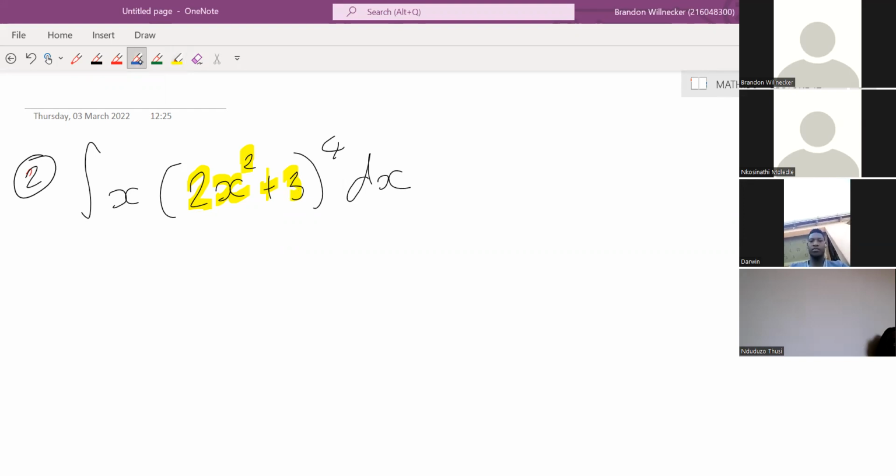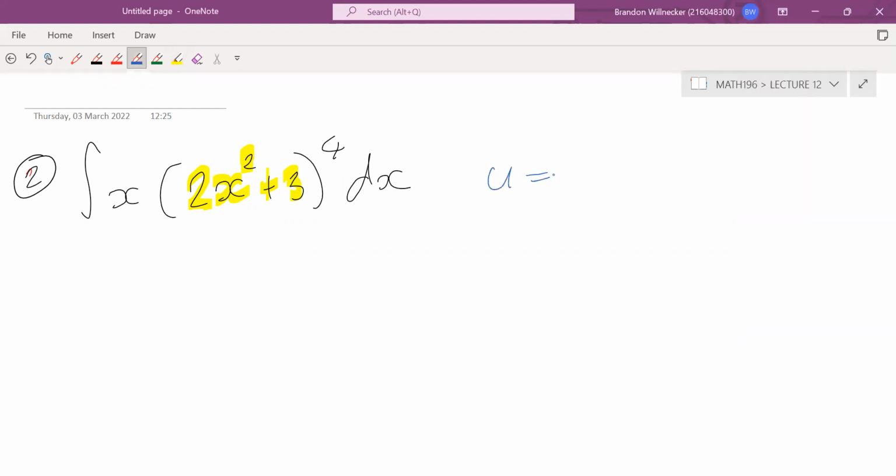So this gives us the hint that u should be 2x squared plus 3. Now remember, there's no set rule to tell you what u should be. But like I said before, if you do lots and lots of examples, you will see what I should let be u, and then what will become du. That just comes with practice and experience.